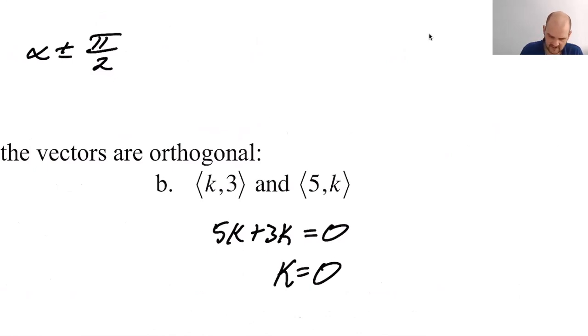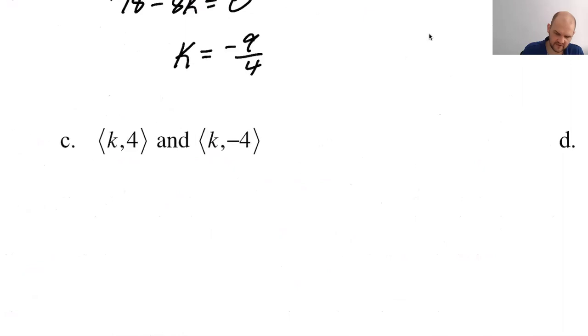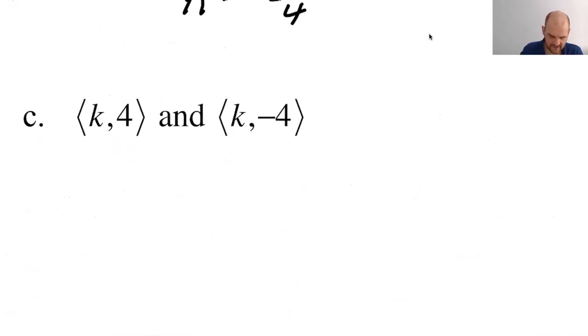I don't know, because these numbers have to be the same, and the dot product has to be 0. For some reason, I look at this and I feel like i and j are involved. Like i and j are orthogonal to each other. i dot j is guaranteed to equal 0, and I feel like that one's related to that. I don't really know. I might not be right, but I feel like that one's obvious.